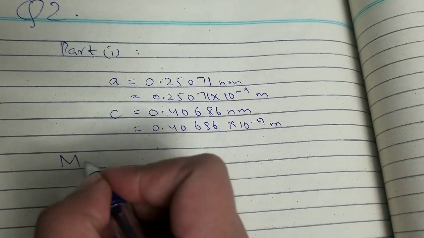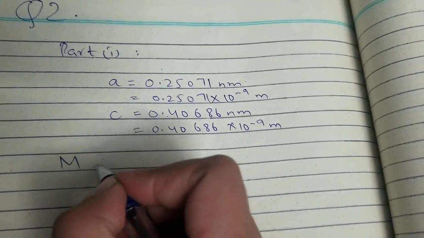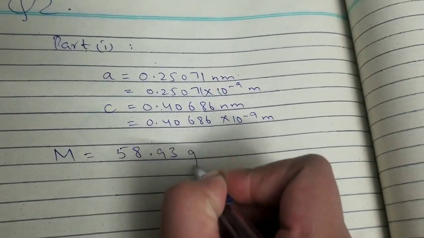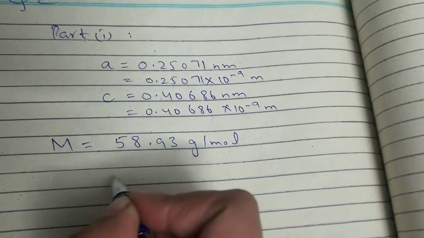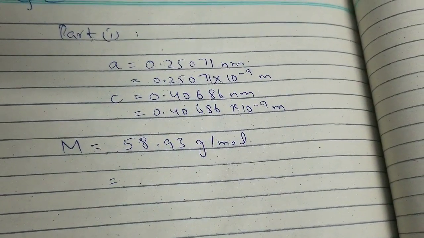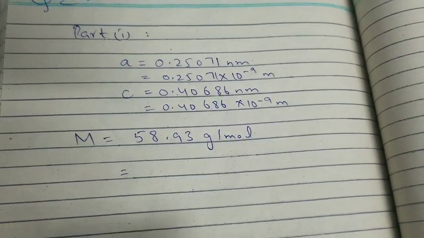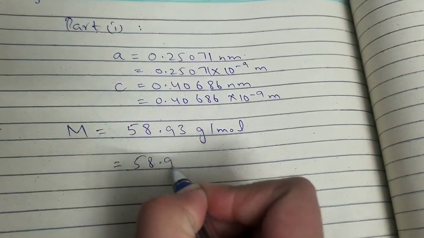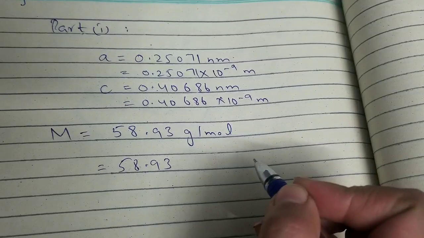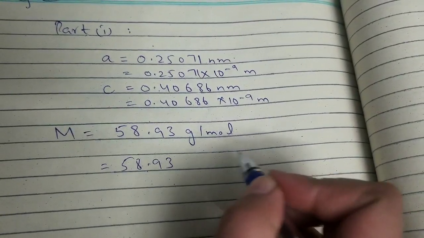I am representing the molar mass with capital M, which is given to be 58.93 gram per mole. We have to convert it into the SI unit, which is kg. For mass the SI unit is kg, not grams. k means kilo, which is a prefix equivalent to 10 raised to the power 3.